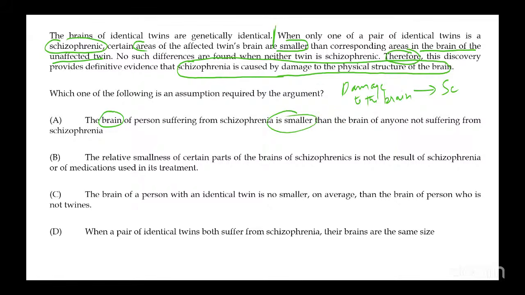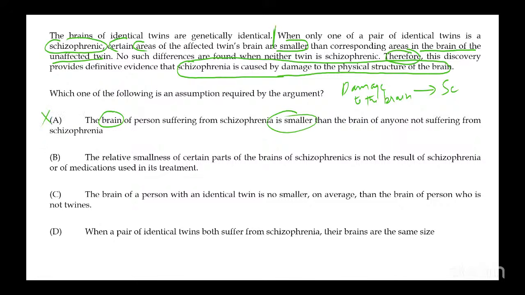That's not what the argument is saying. The argument is saying certain areas are smaller in the schizophrenic brain compared to the corresponding areas in a non-schizophrenic brain. So it talks of certain areas, not the brain as a whole. So A is out.